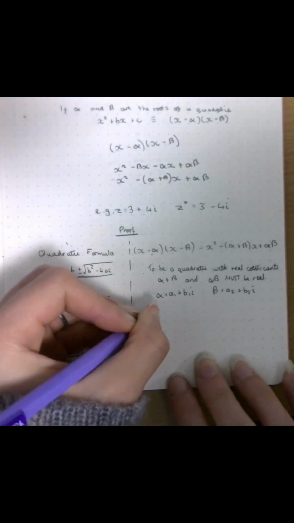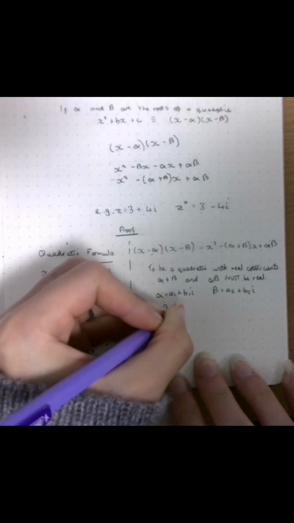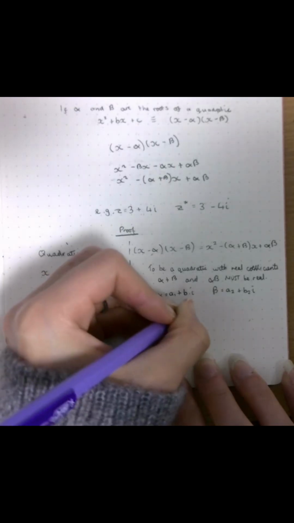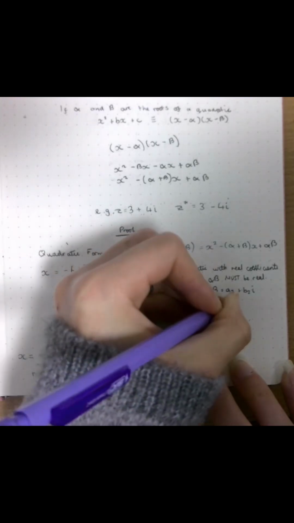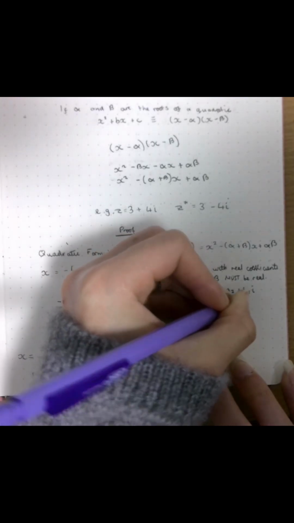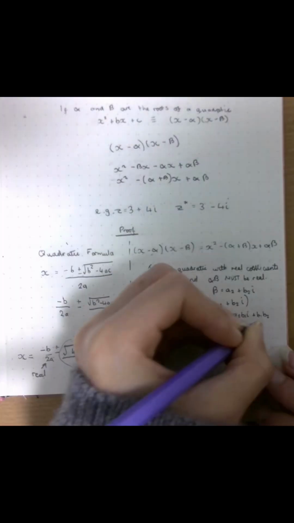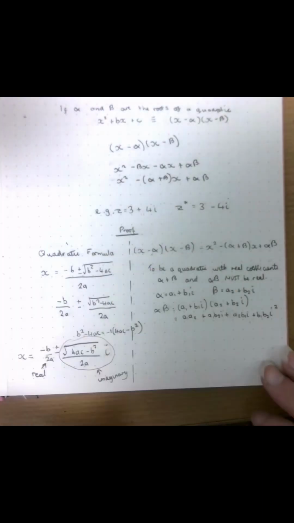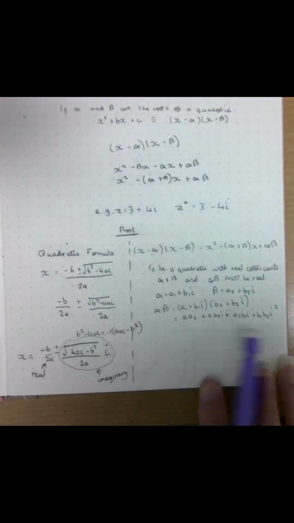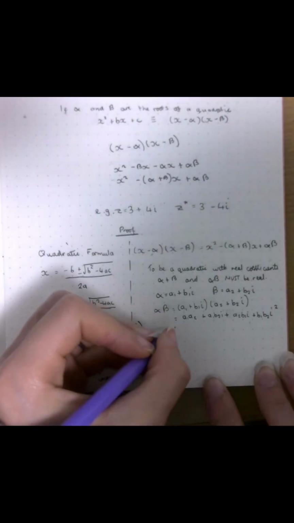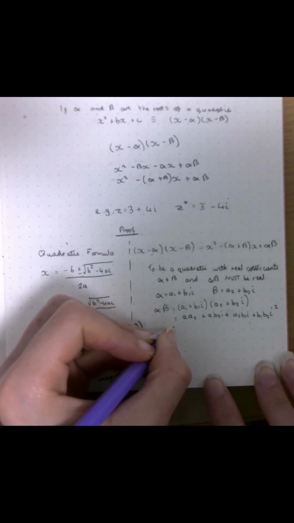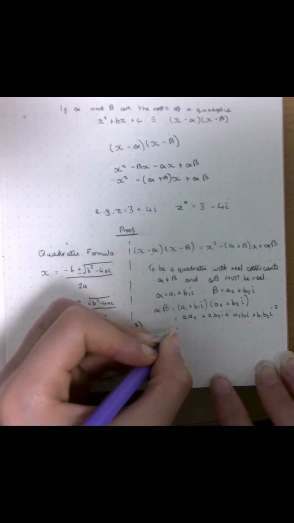So if we do alpha beta, that would be a1 plus b1i multiplied by a2 plus b2i. Let's expand that out. So I get this when I expand it out. And if we just clean that up a little bit, we are going to get this.